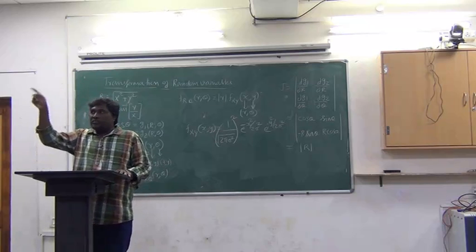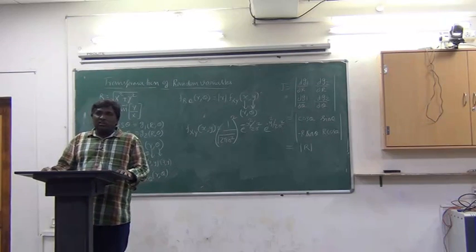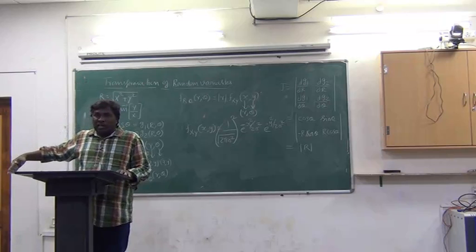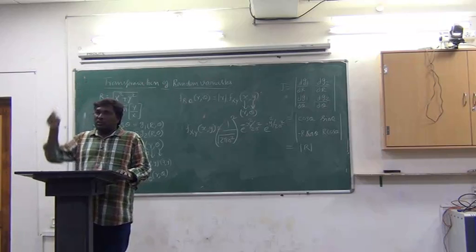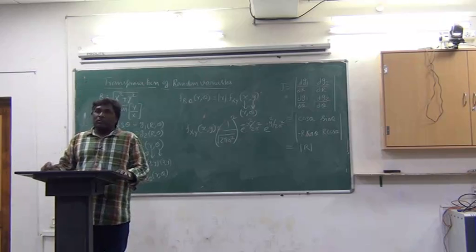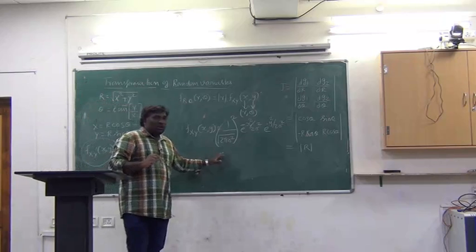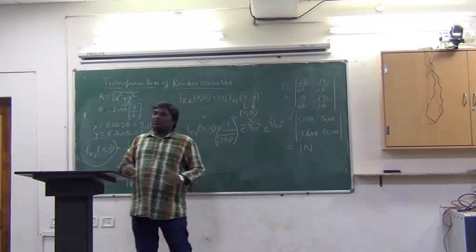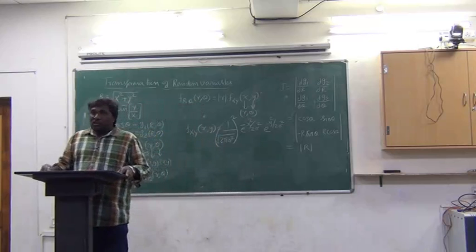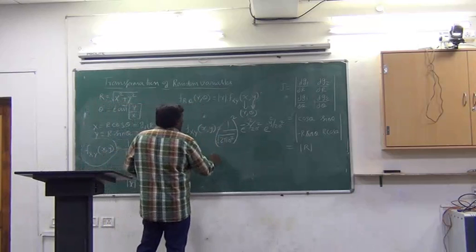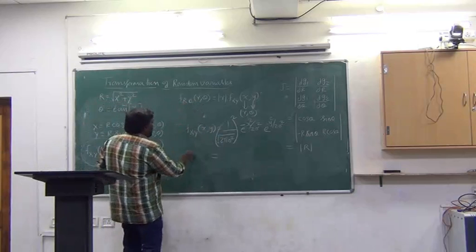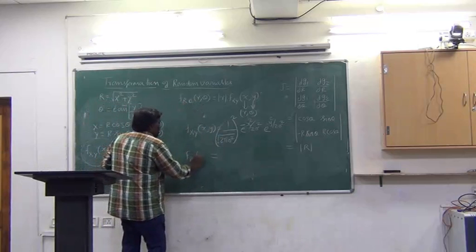That's it. And the off-diagonal elements are 0. It has only the diagonal elements with sigma square, and these two values are 0. And that's what lets us write it as the product of the marginal density functions. Now what I am asking is, I want this f_R theta of r comma theta.